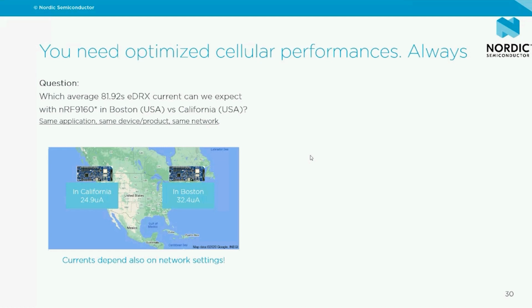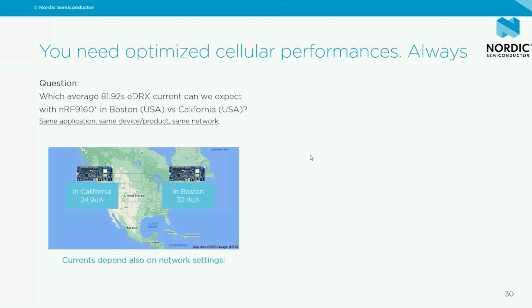You get 25 microamp in one location and 32 microamp in a different location. And this is basically because even though you're connected to the same carrier here, there's different configuration. It could be different infrastructure, different equipment that have slightly different features in a different network.